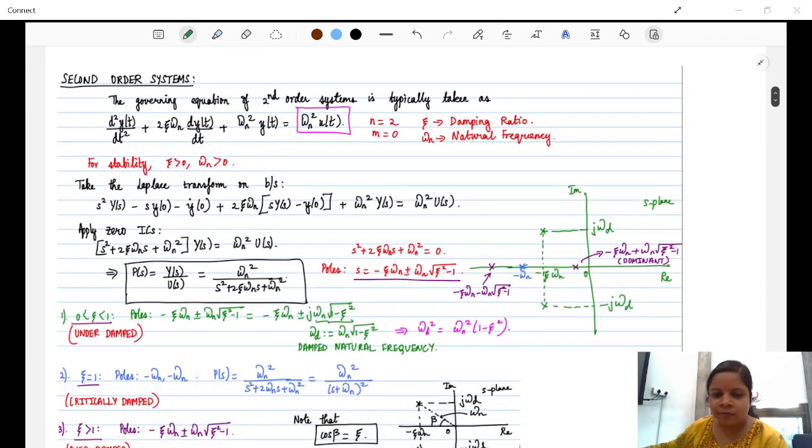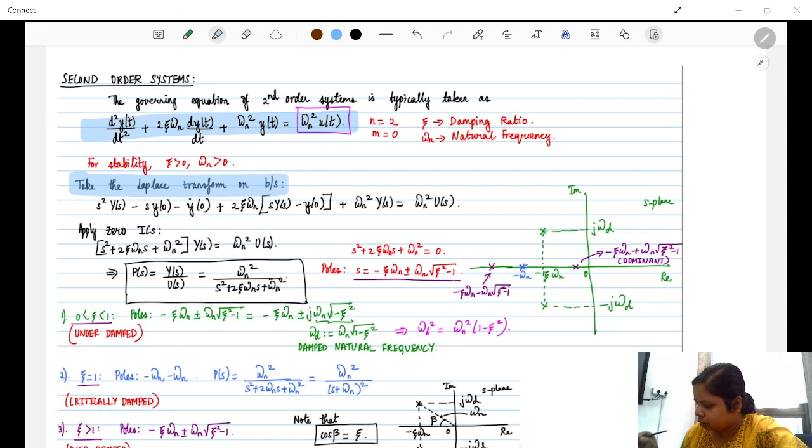When you dealt with the second order system, it was very well clarified in the lectures that the governing equation is of this kind. So you really have a second order differential equation here. On solving this equation by converting it into the Laplace domain, you have to find out the transfer function.